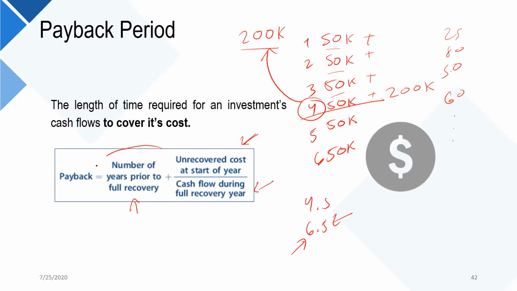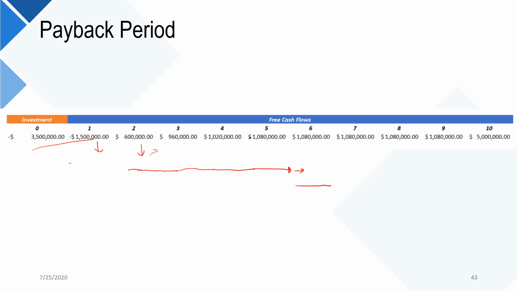So this is the year prior to full recovery of the investment, which is year number 6. If you were to add year number 7, you would be over the payment, because that's more than 5 million. So what you need to do here is divide the difference, which will be 220,000, over the cash flow generated.